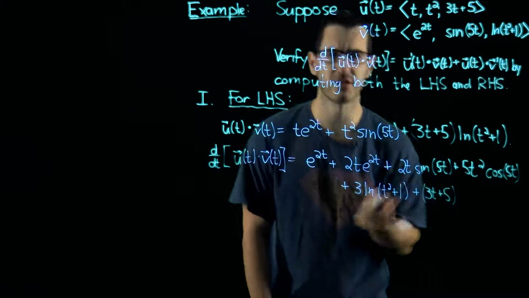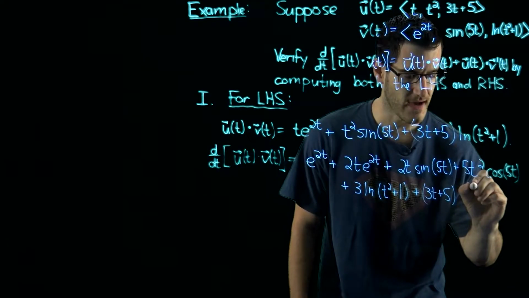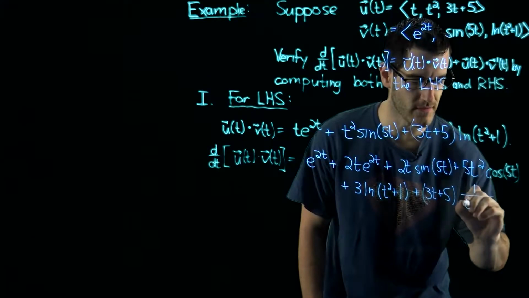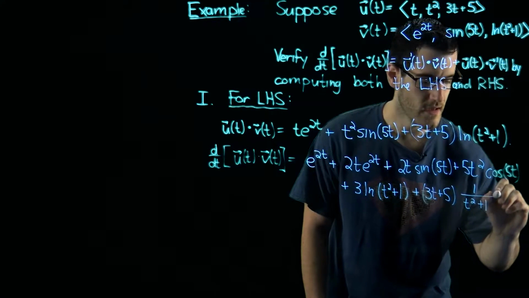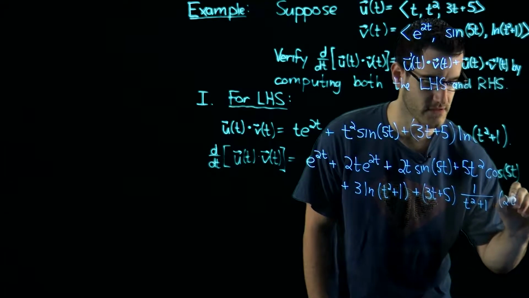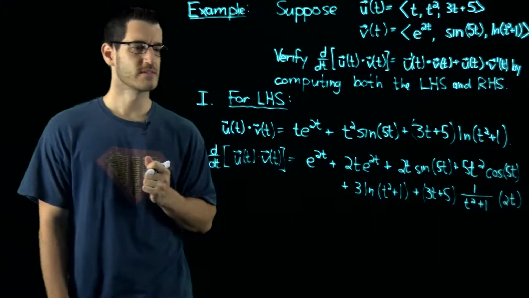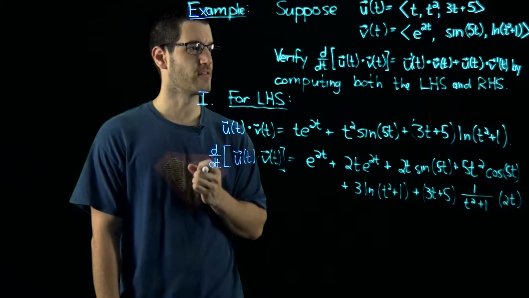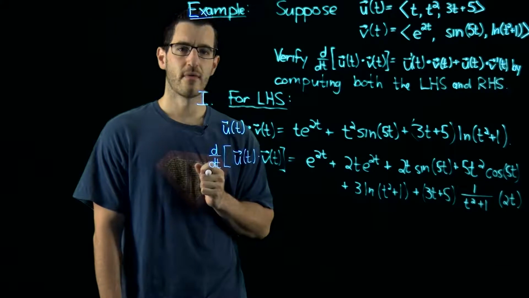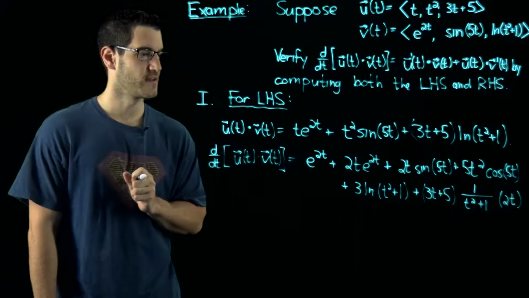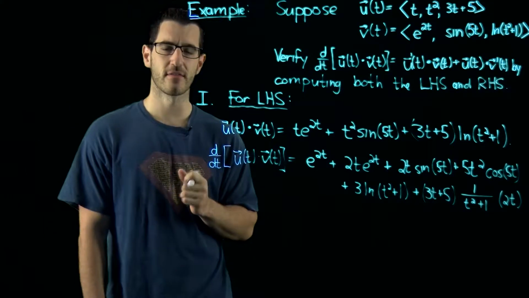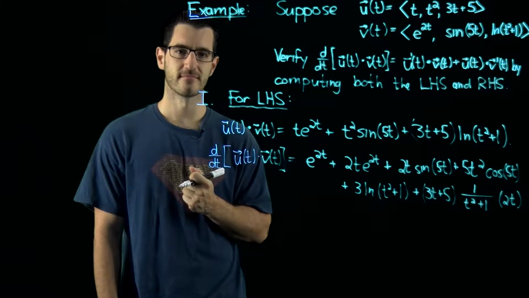And to differentiate the logarithm, it's not bad either. We just take 1 over the inside of the logarithm, and then we multiply by its derivative, which is 2t. Okay, so this is how we compute the left-hand side. So take a second, make sure that you know what's going on here, and then we'll look at the right-hand side.